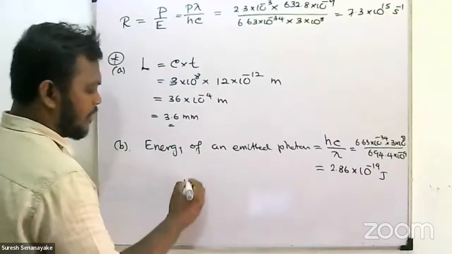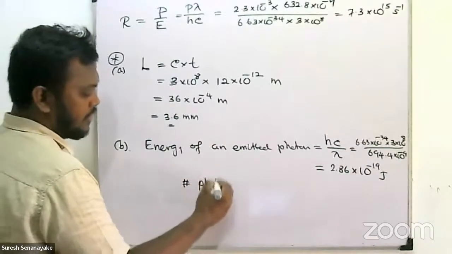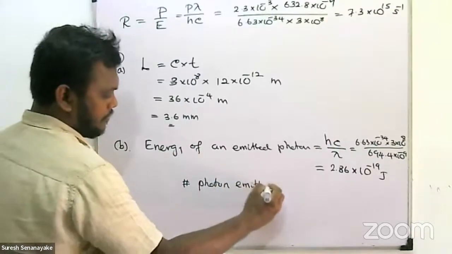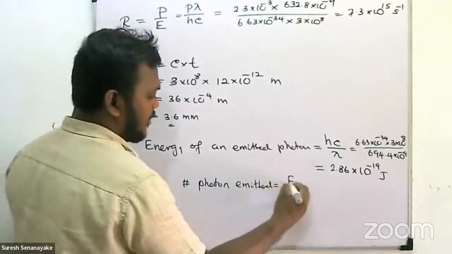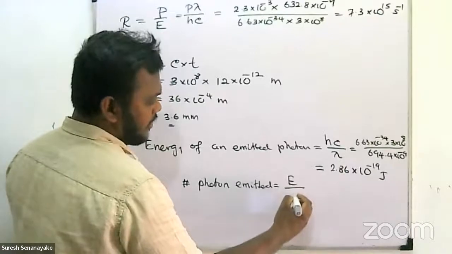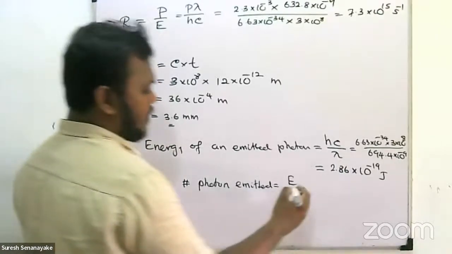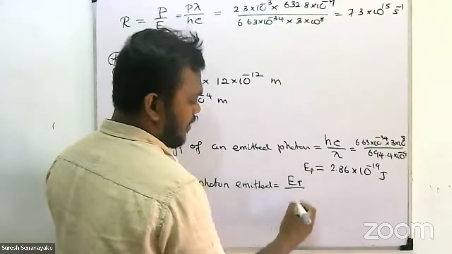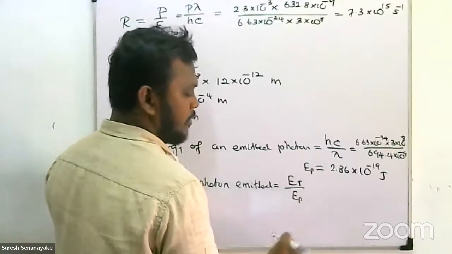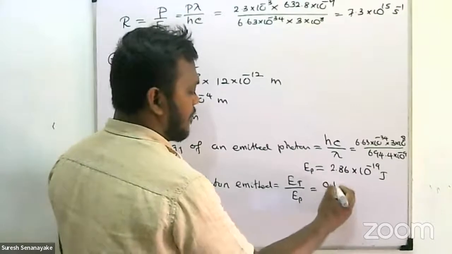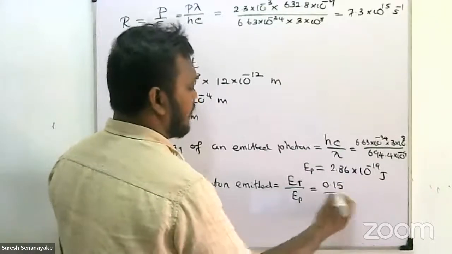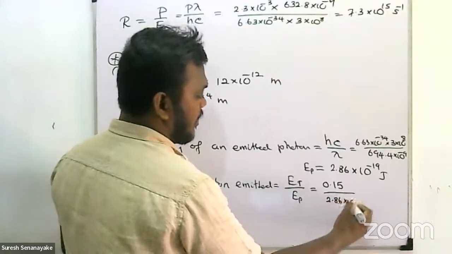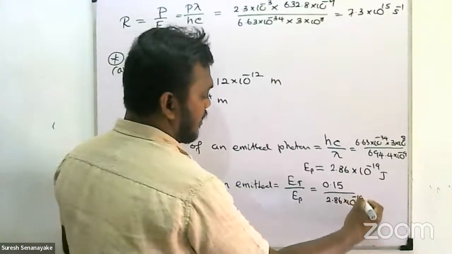So the number of photons emitted is the total energy of the pulse divided by the energy of one photon. E_p is the energy of one photon. The pulse energy given is 0.15 joule, divided by 2.86 × 10^-19.